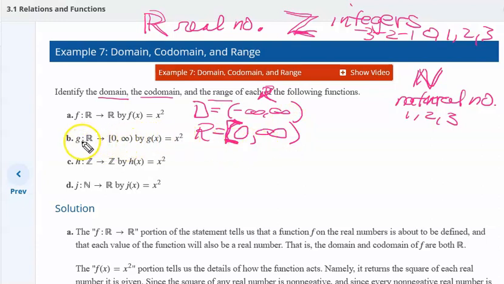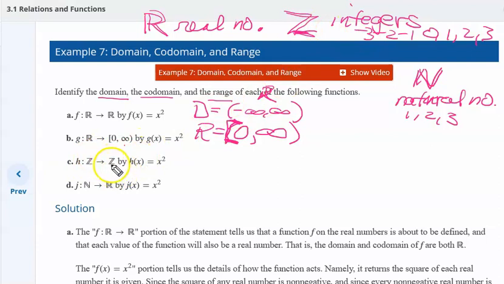Now here, they're limiting what we have. Instead of all real numbers as what it yields, what it maps, it's going to be this. And actually in this case, it's the very same, because anything that is squared becomes these. Now here we have integers.